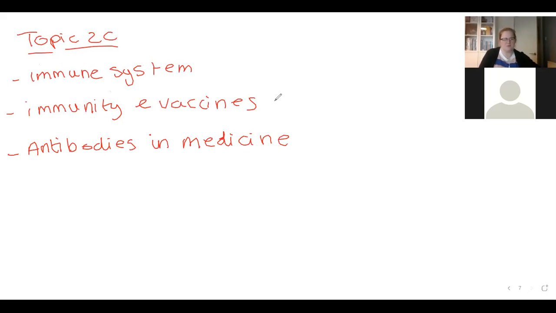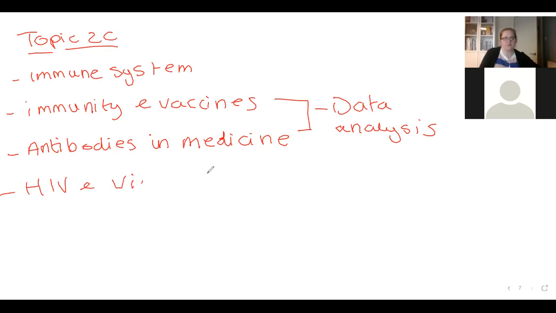So I'm going to just pop in here data analysis of those two. And then finally, HIV and viruses. Well, we've actually already spoken about viruses a bit in A-level. And at GCSE, you've covered HIV in small detail, and then we go into it in a lot more detail at A-level. So yeah, that's probably the next.